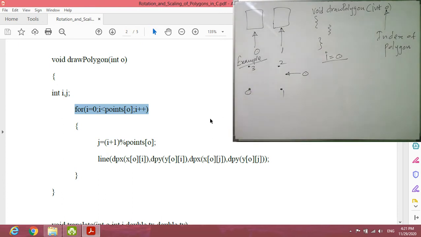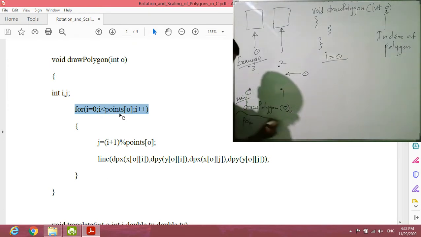Now if we invoke the draw polygon function inside our main method and pass 0, in that situation, points o will give us the value we have stored in points 0 here.